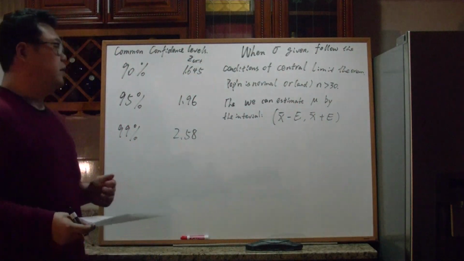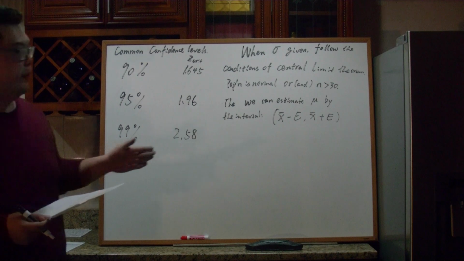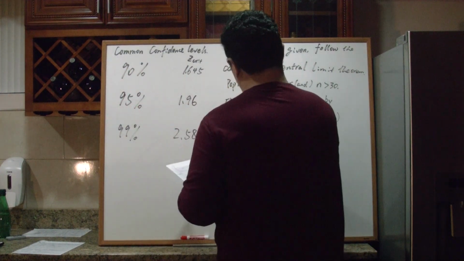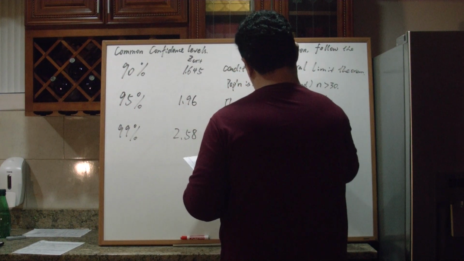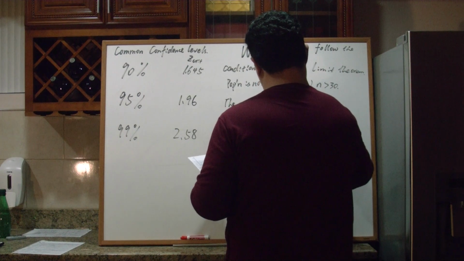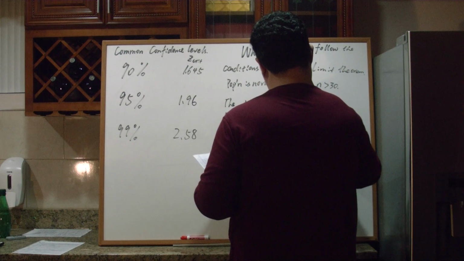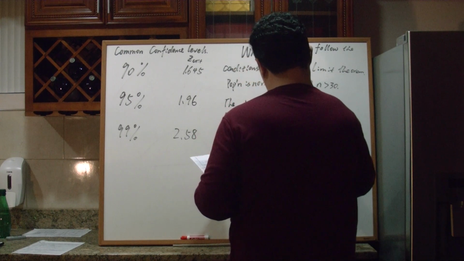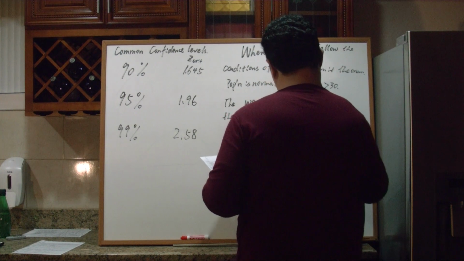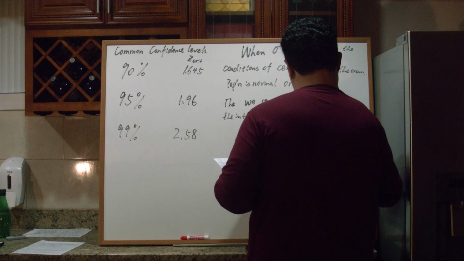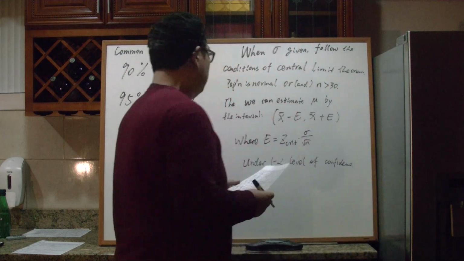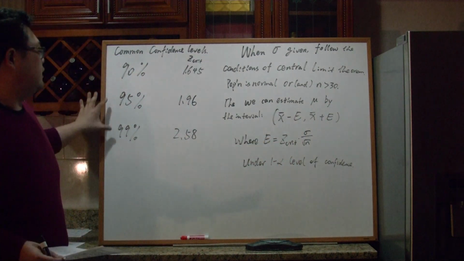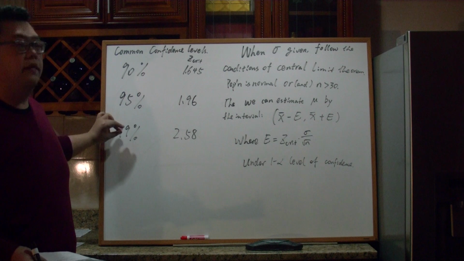The interval is x bar minus e to x bar plus e. That is, x bar is the point estimate and e is the margin of error, where the margin of error is z-score times sigma over root n, where the z-score follows the value for the level of confidence.